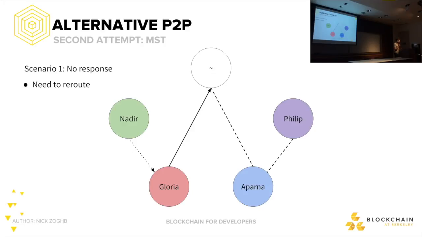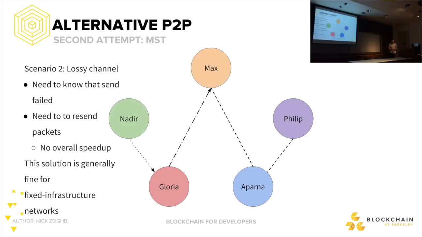But something else could happen, right? There could be a lossy channel. And because Gloria is only making that query to Max and nobody else, she might have to send the data packets multiple times due to corruption, or due to them just being dropped.